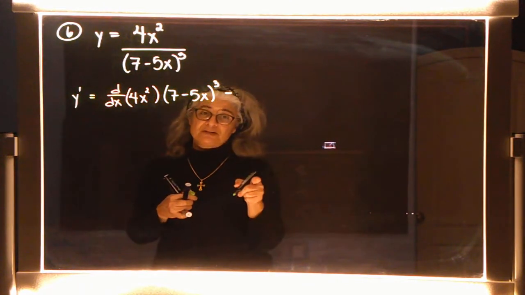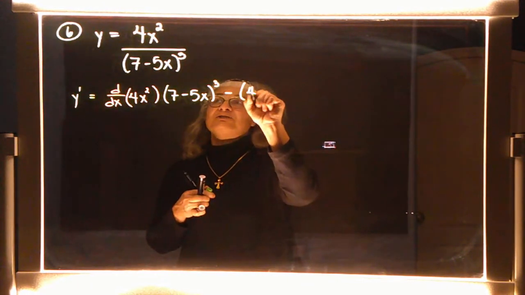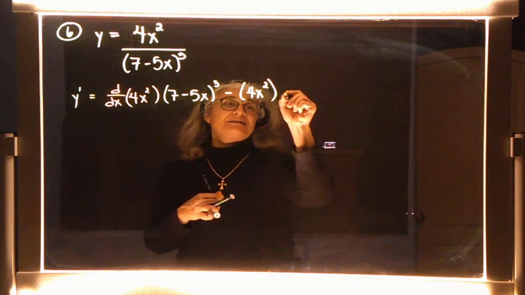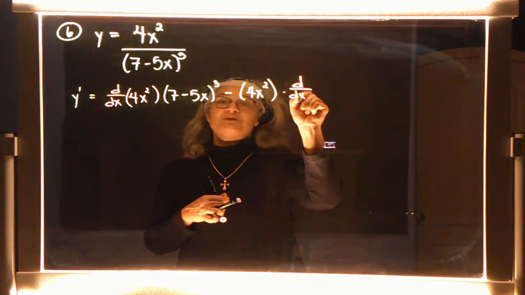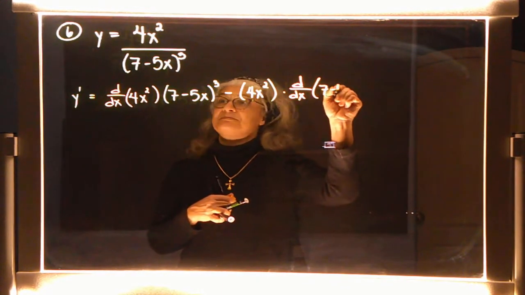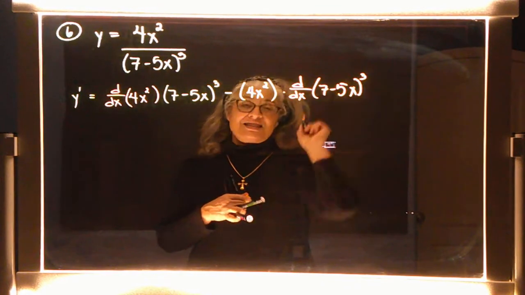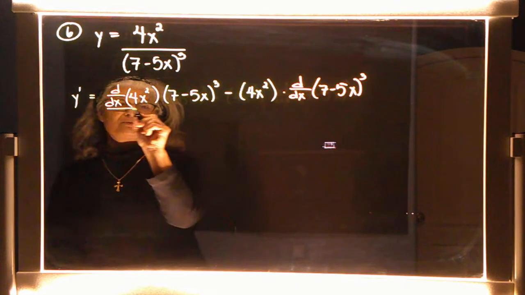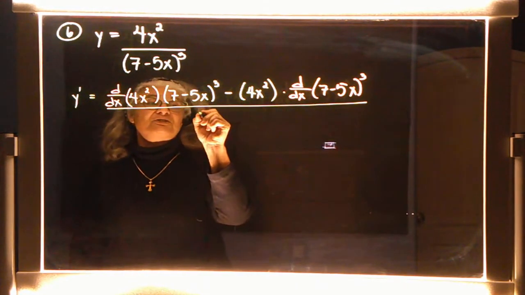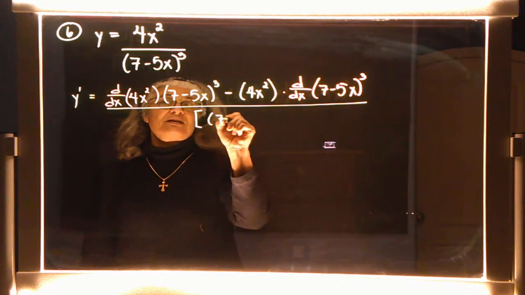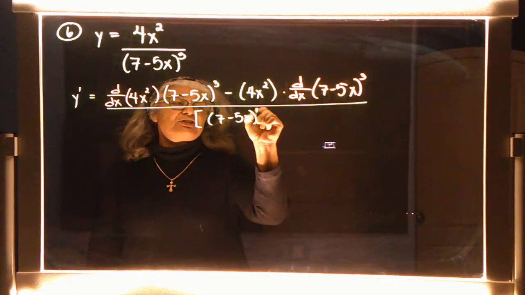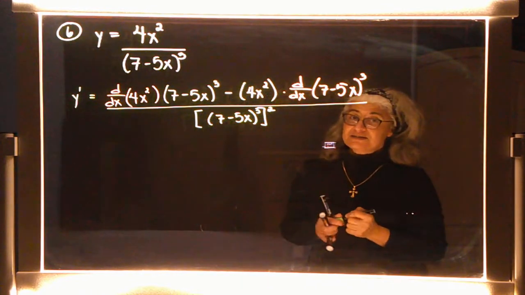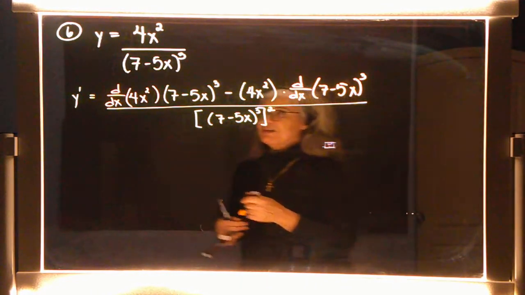And then we write the numerator and multiply it by the derivative of the denominator, and then the denominator gets raised to the power of 2. So we're going to have 7 minus 5x cubed, and it's going to get raised to the power of 2. Right? Okay, let's keep working.